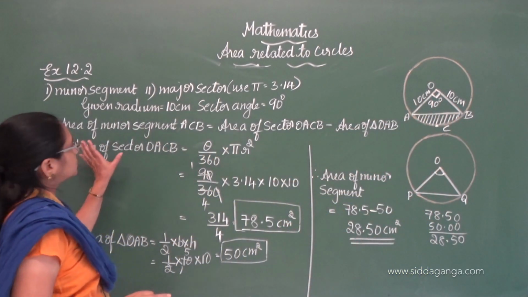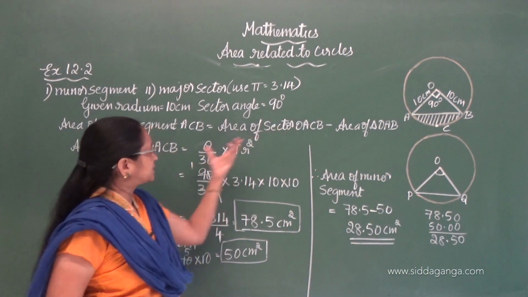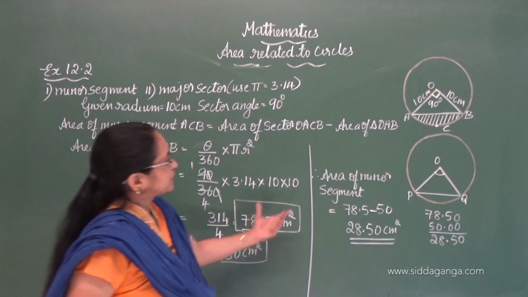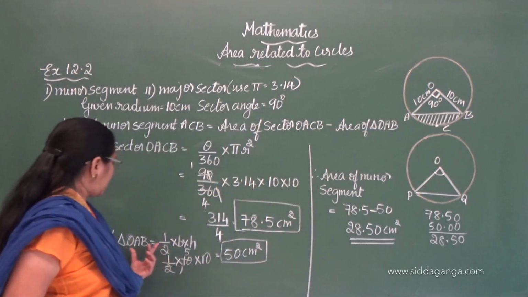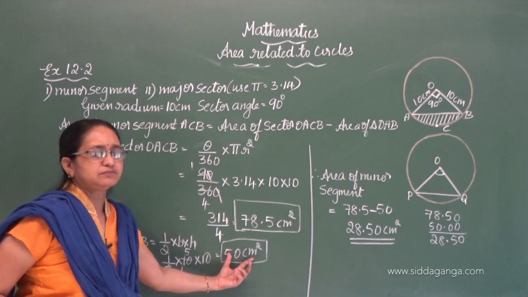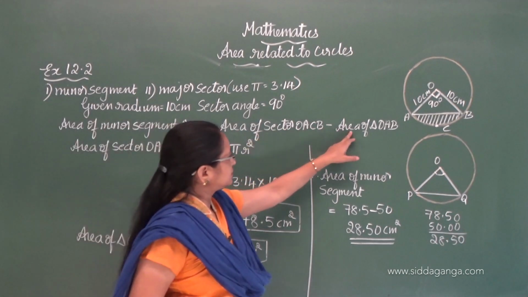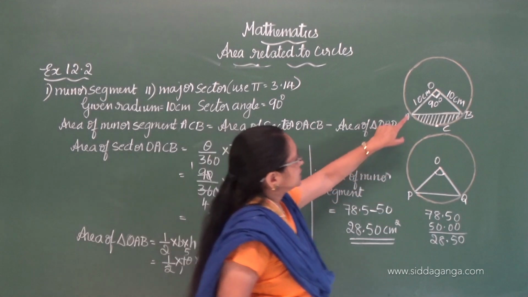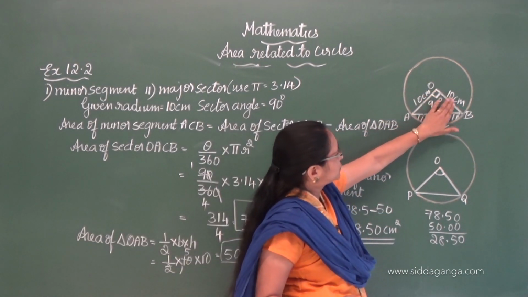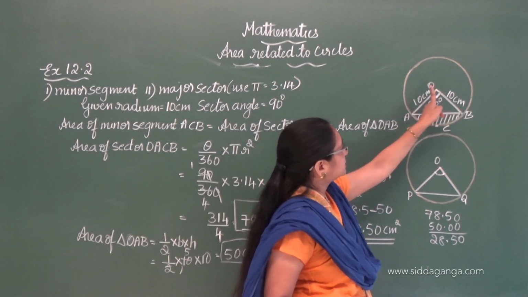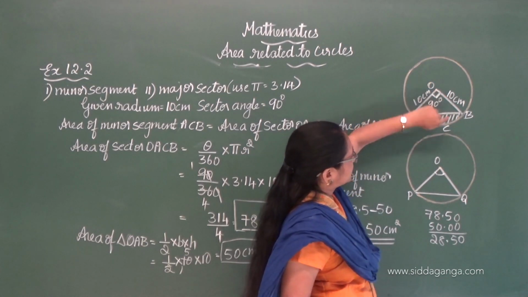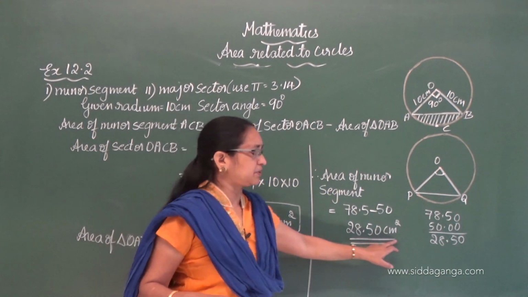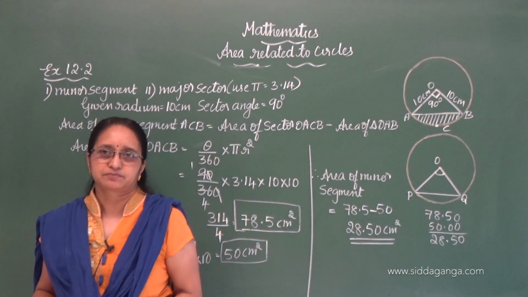Separately I found the area of the sector, which we got as 78.5 centimeter square, and the area of the triangle as 50 centimeter square. Then I subtracted the area of the triangle from the area of the sector. Area of the sector means the whole here. Area of the sector minus area of the triangle will give you the area of the minor segment. So that is 28.50 centimeter square.